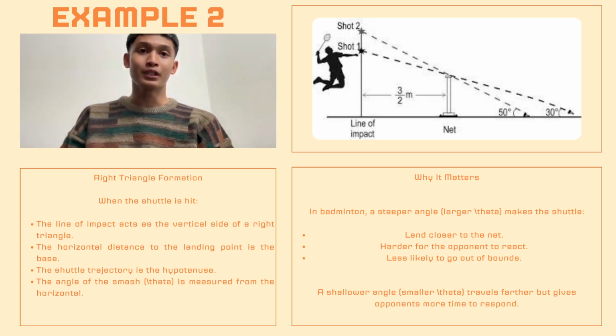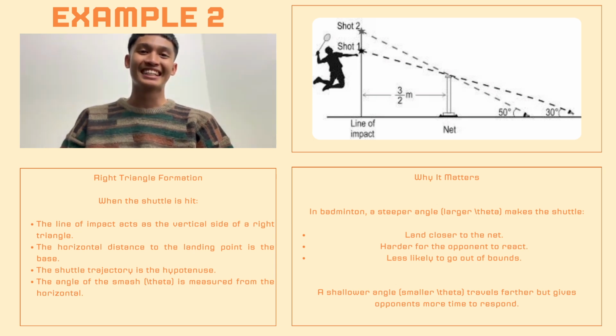And people will ask why it matters. Why it matters in badminton: a steeper angle, which is a larger theta, makes the shuttle land closer to the net.